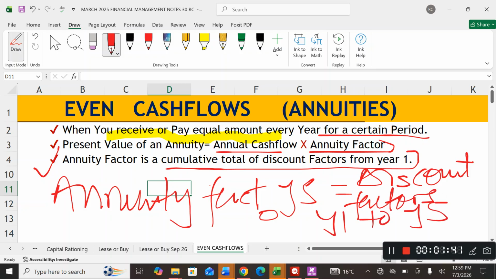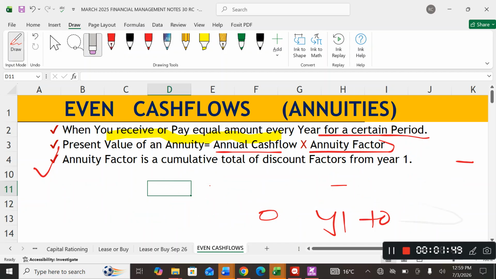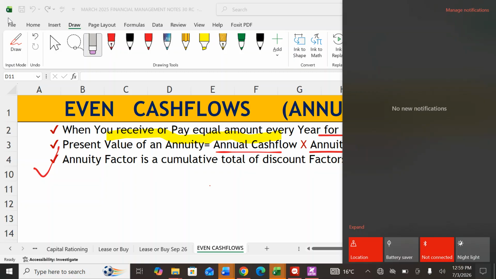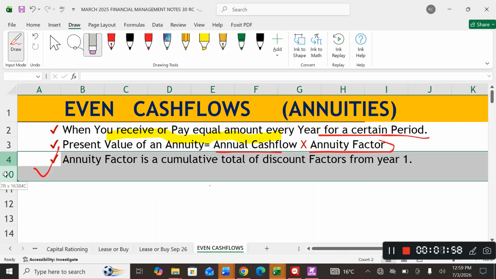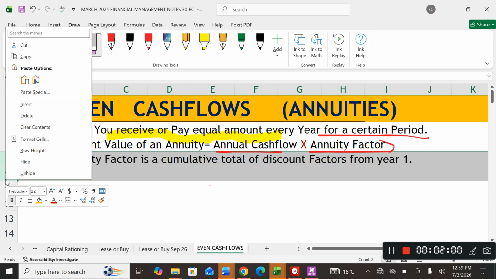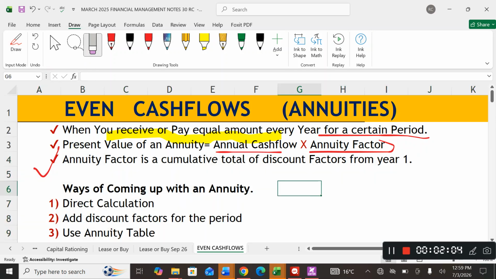This is what we are saying. However, we have different ways of coming up with this annuity factor. Let us look at how to come up with the annuity factor. We have 3 ways of coming up with the annuity factor, and the answer is the same.